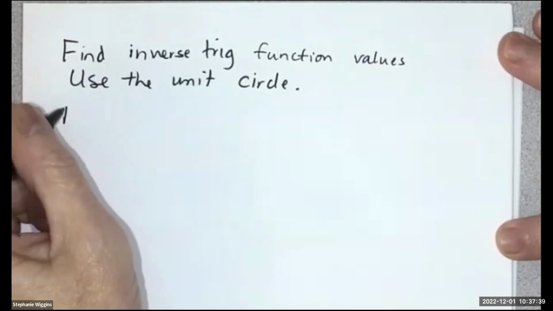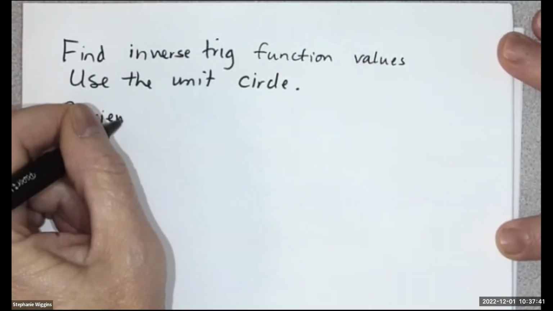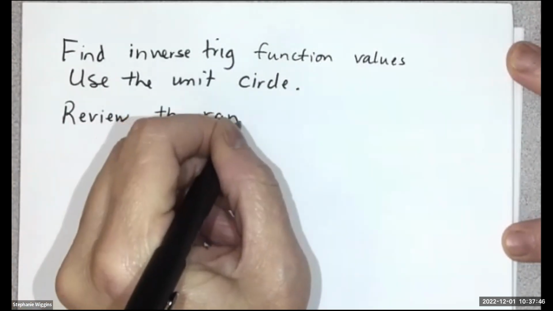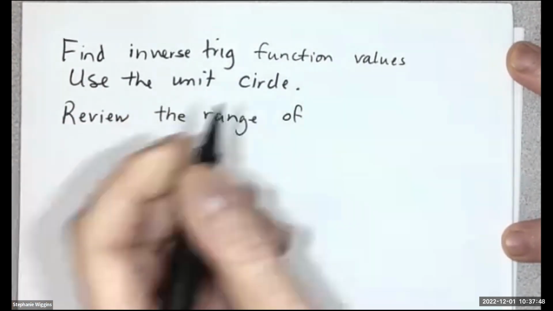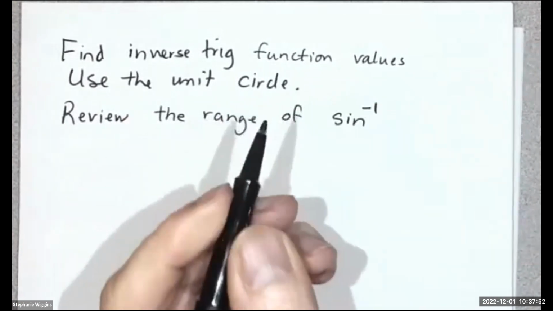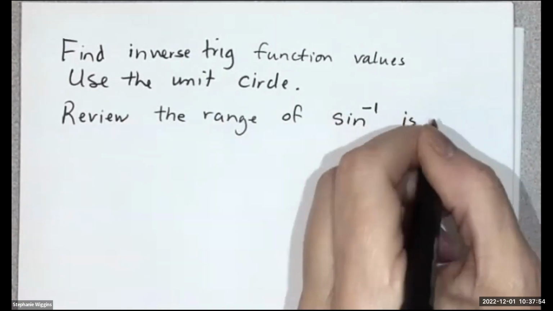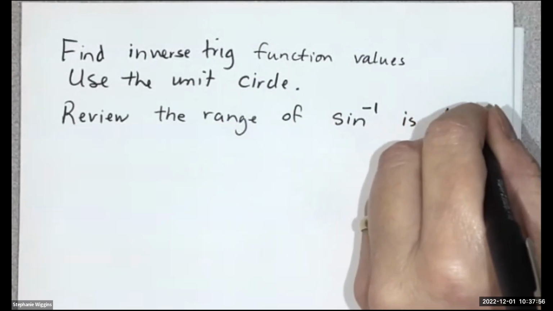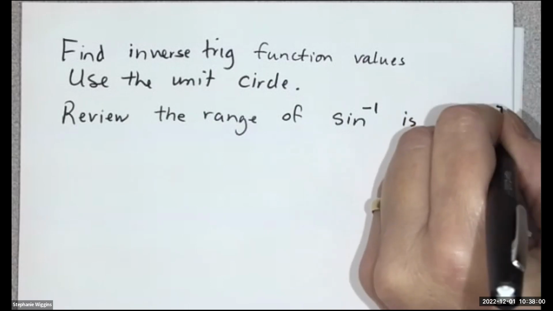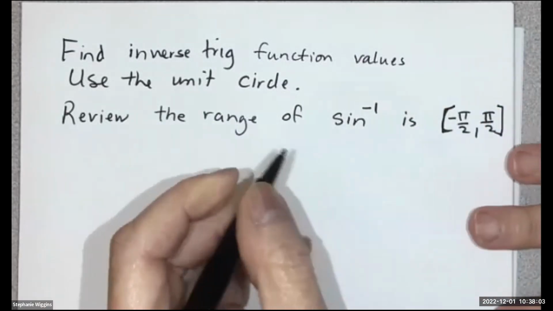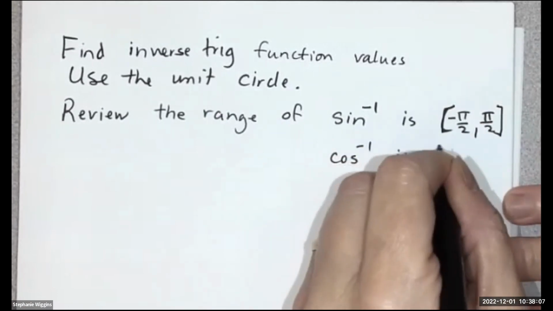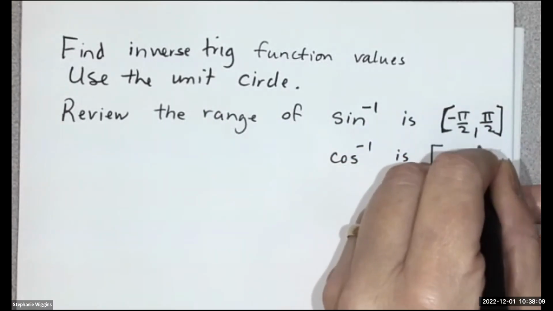Now, just to review the range, the range of, let's say, sine inverse is minus pi over 2 to pi over 2. And then the range of cosine inverse is from 0 to pi.